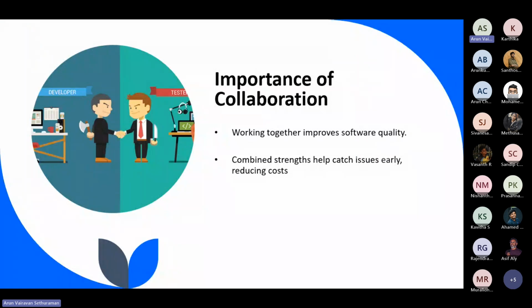Even though they have different mindsets and different ideas, we have to stick with the requirement, and working together is most important, as it will increase productivity and reduce the cost as well.